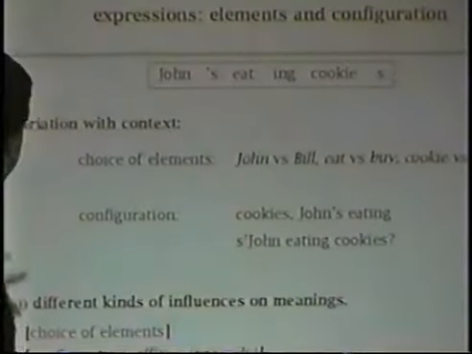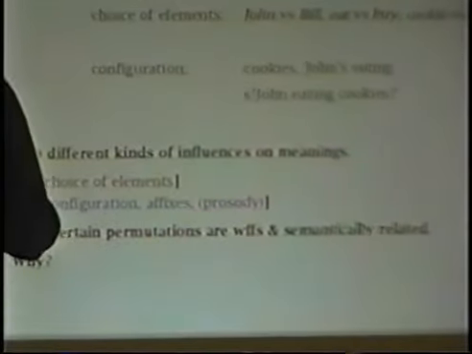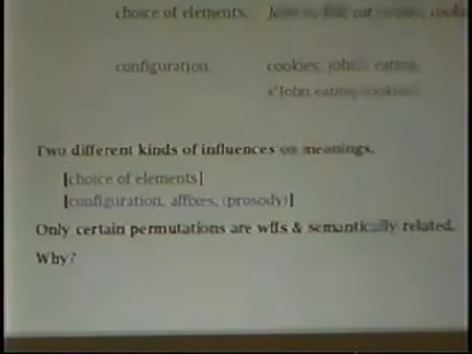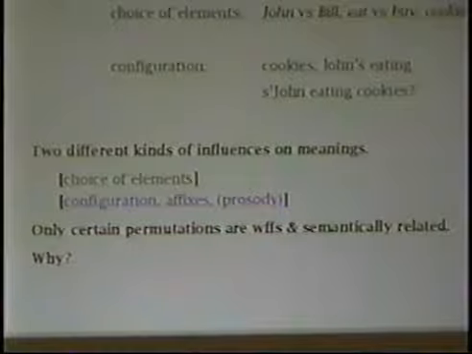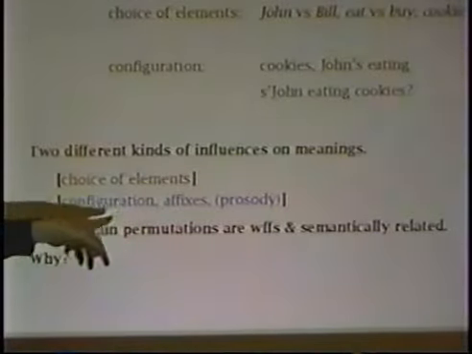So there are two very different kinds of influences on meanings, and one comes from choice of these elements, like John or Bill or whatever, eat or buy or whatever, and quite different are changes in configuration.